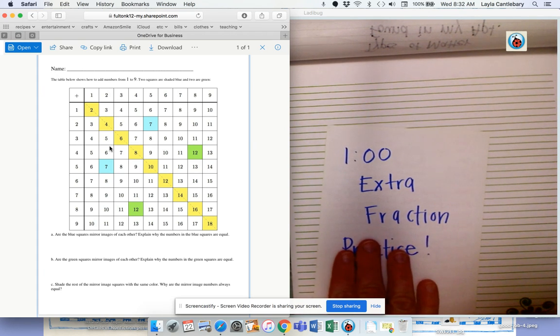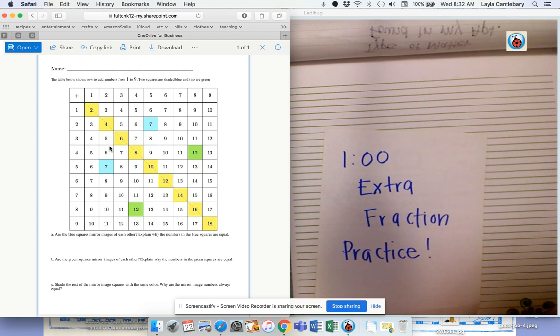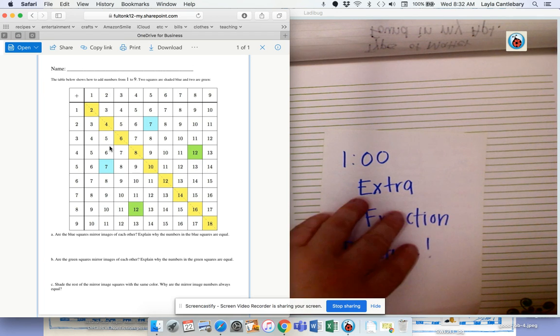So if you have a question or you just want some extra practice for fractions or partitioning rectangles, please come to Microsoft Teams at 1. I'll be there definitely from 1 to 1:45, so you can come and go if you like. I'm going to start at 1 o'clock. I'll go over fractions, and then we'll practice them a little, and then I'll go over partitioning rectangles, and I'll try to teach you some different strategies to do that.